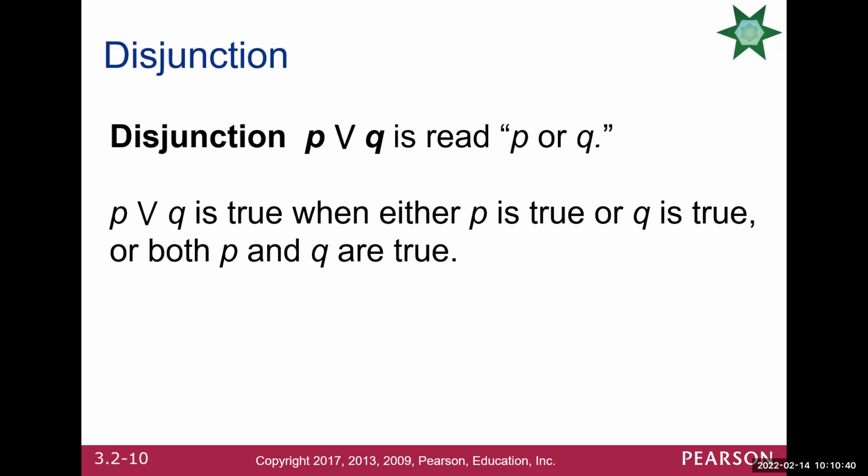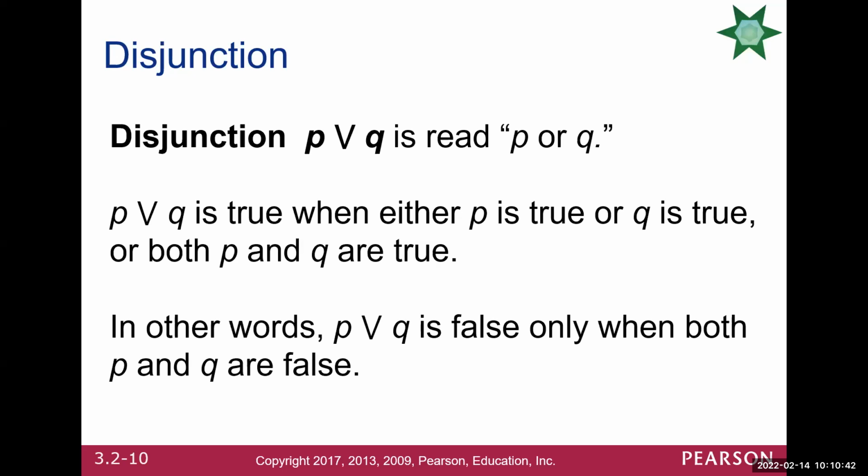And I ask myself, is this or this true? As long as one of them is true, I write true. That's my outcome. So in other words, if your P statement and your Q statement are both false, that would be case 4. With the or disjunction connective, that is the only time our outcome will be false.